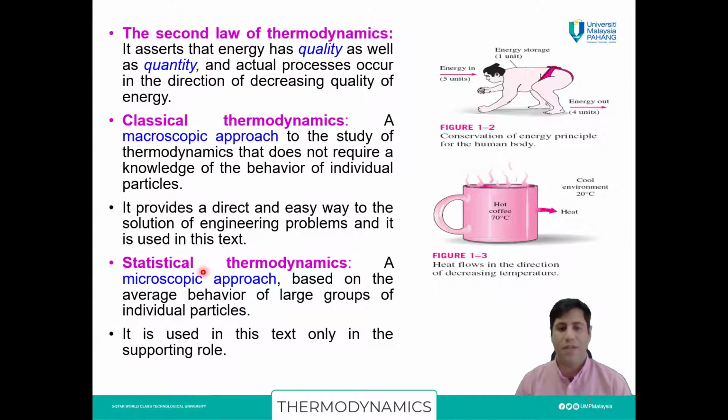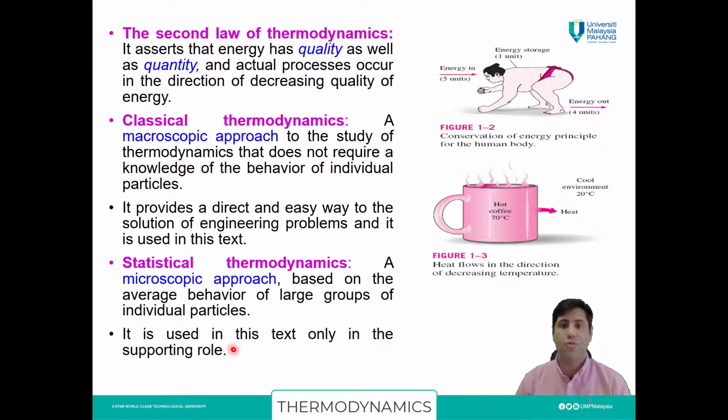And the other approach is statistical thermodynamics, in which we go into the detail of thermodynamic phenomena in a system. Based on averaging, the behavior of a large group of individual particles is considered, but we don't use this technique in this textbook or in this subject actually.